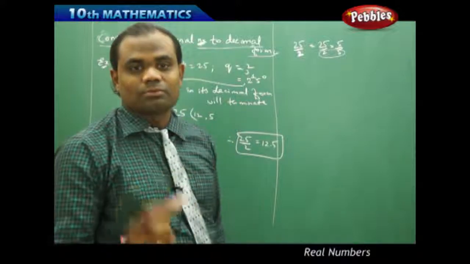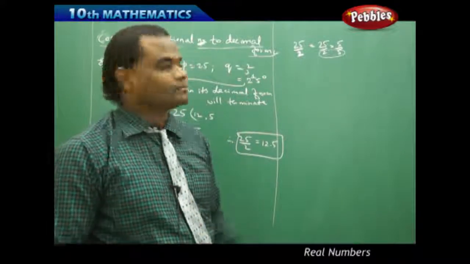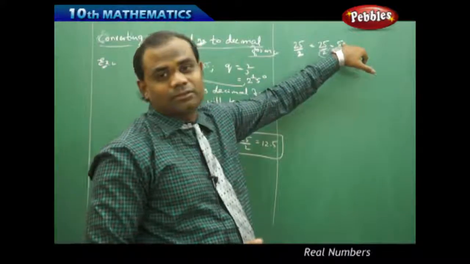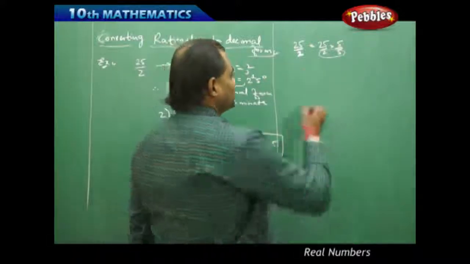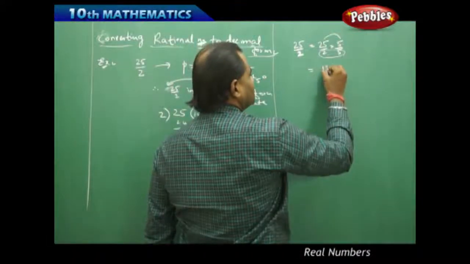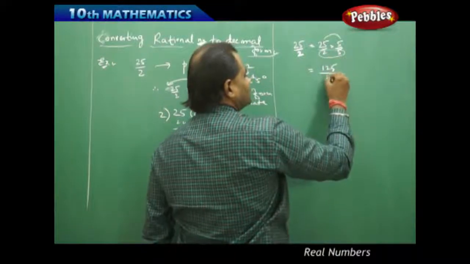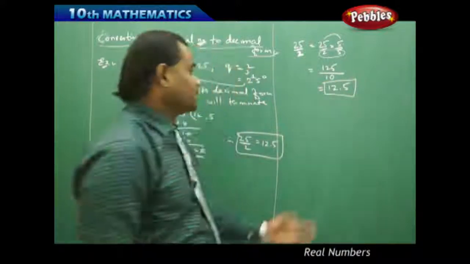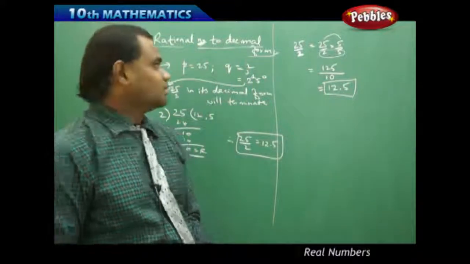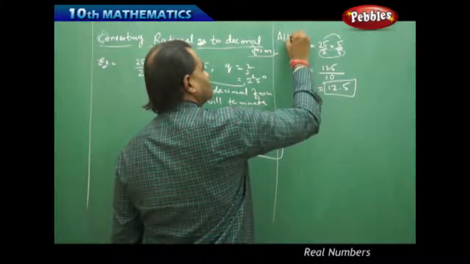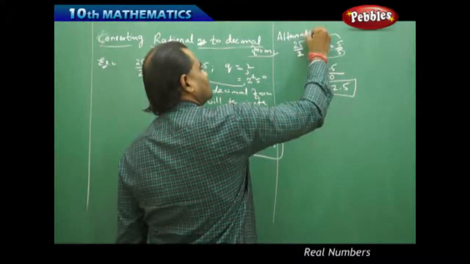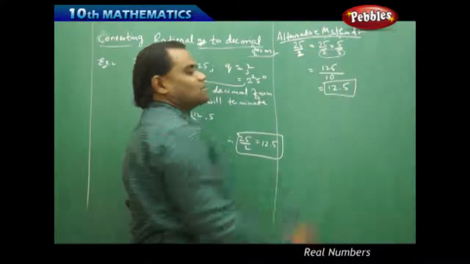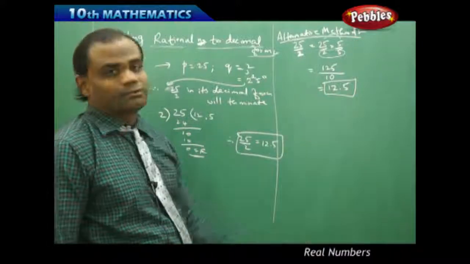My target is to make the denominator a power of 10. Therefore, I multiply 5 to the denominator and equally to the numerator, so that I get 25 times 5 is 125 and 2 times 5 is 10, which gives me 12.5 as the answer. This is the alternative method through which you can find the decimal.